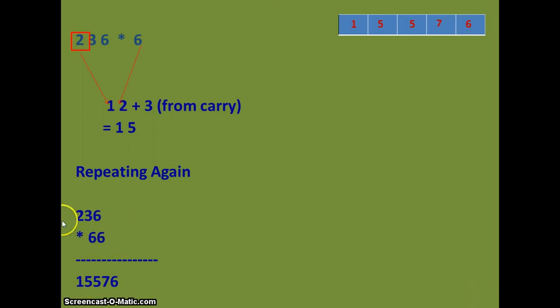Carry 5. Now again 5 into 6 is 30, and carry 5 makes 35. 3 is remaining: 12, plus 5 is 15. Now look here, the number formed is 15, 5, 7, 6.